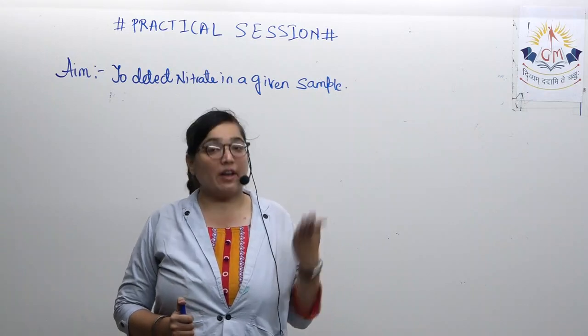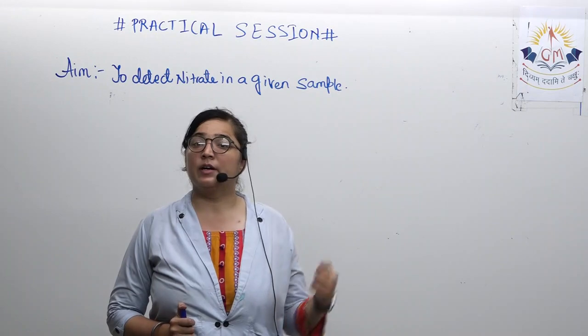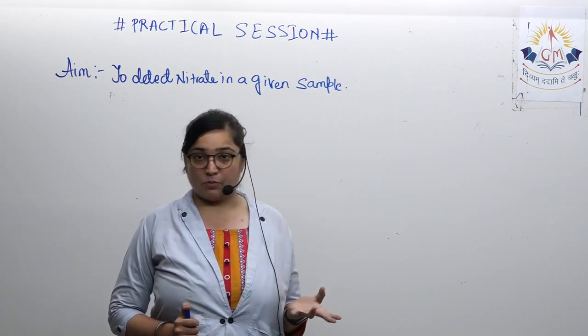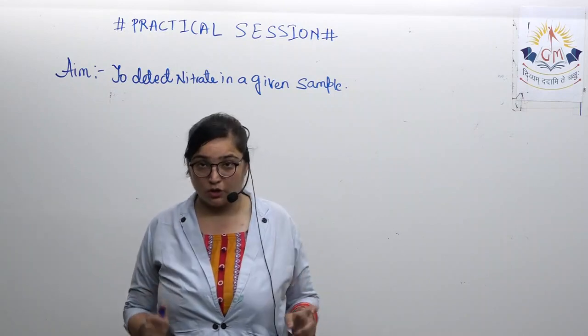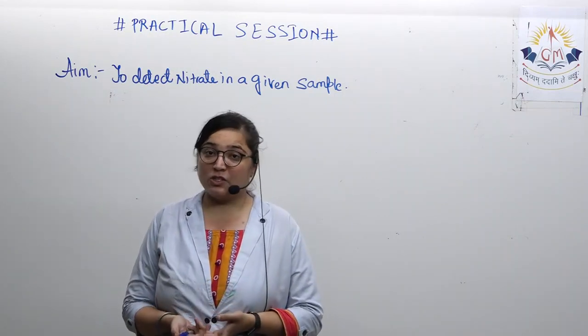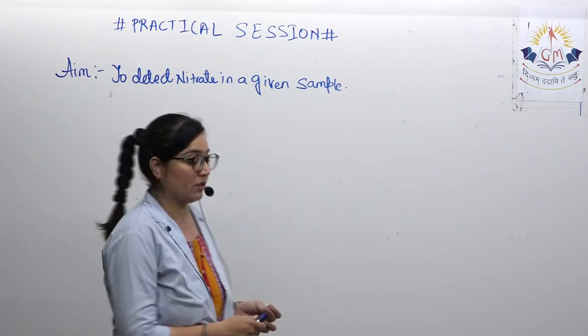Okay, so if we take that particular compound, then we will be able to observe the proper observations. So we'll take one solution, and what will be the solution? Solution will be something which is containing nitrate.